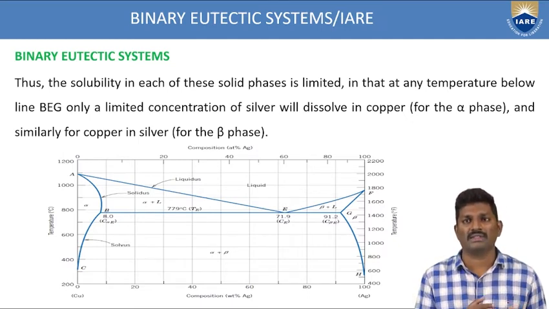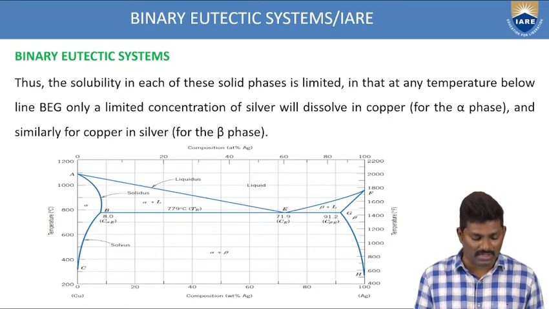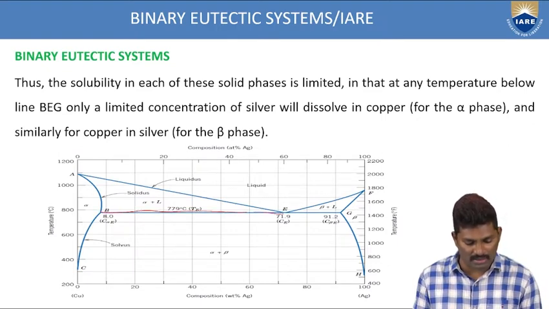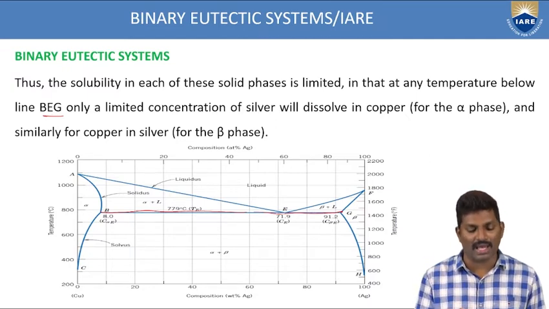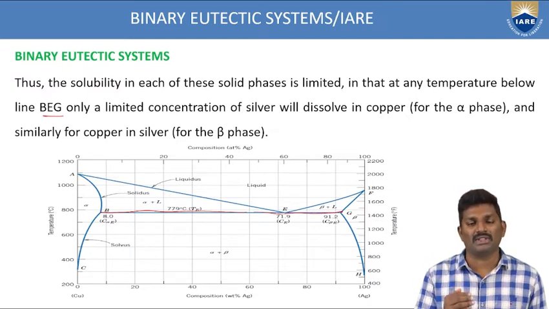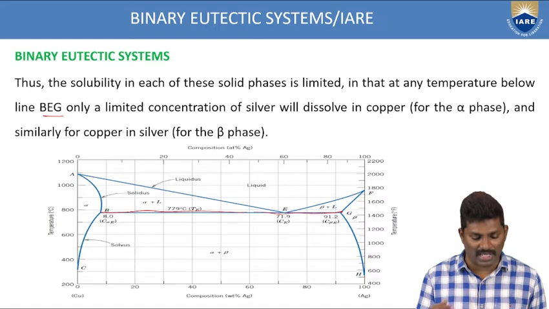These 3 solid phases are very limited, and at any temperature below this BEG line. So what is the BEG line? This is your BEG line. So this curve represents the BEG line. So at any temperature below this, okay, you have the limited concentration of silver as well as copper. Below this BEG line, you have very limited composition of silver as well as copper.